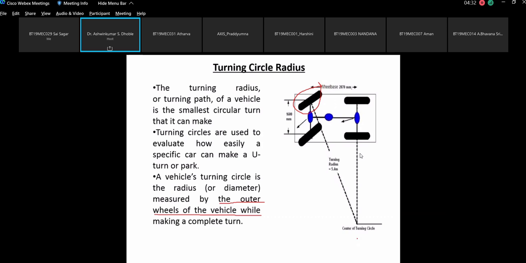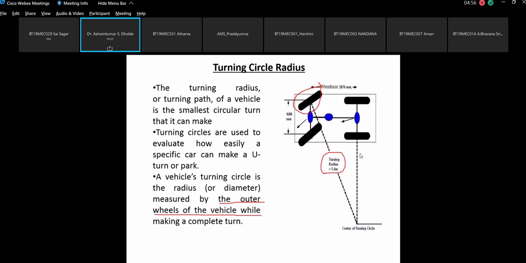Whatever radius you get is the turning circle radius. Please note that the value of turning circle radius ranges from 3.5 meters, the least value, and the upper value has no limit as such. But for a car, it may vary up to 5.5 or 5.4 meters.